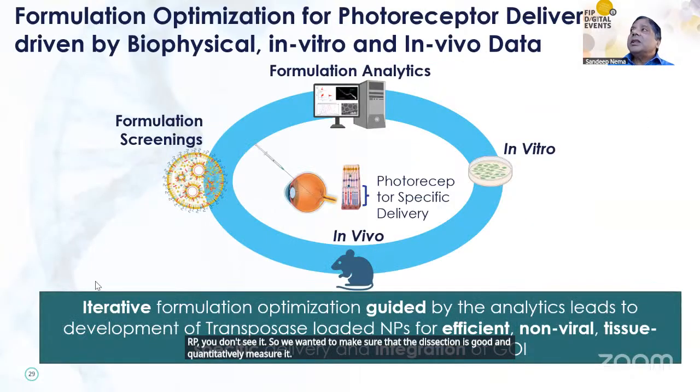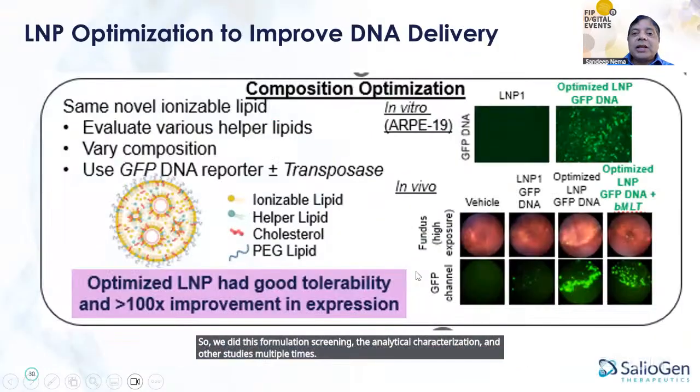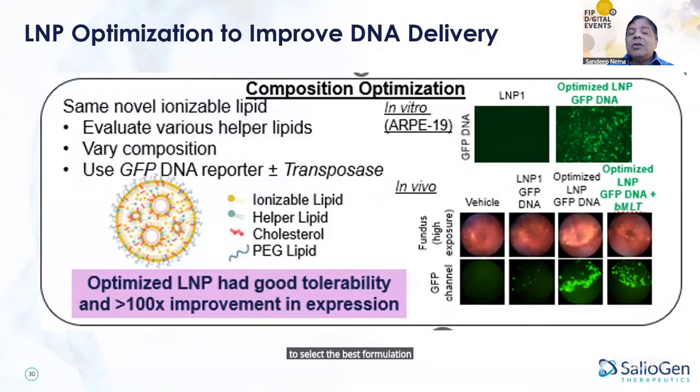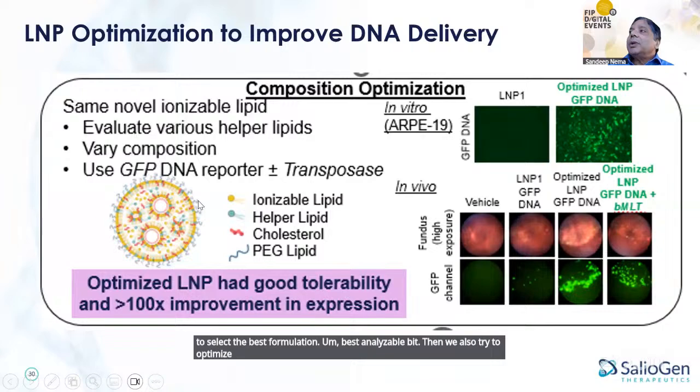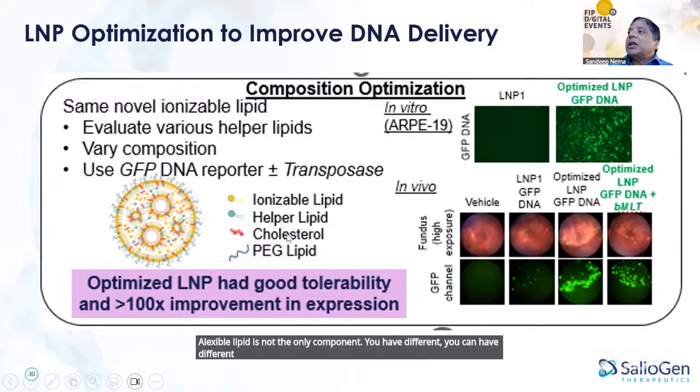So we did this formulation screening, the analytical characterization, and other studies multiple times to select the best formulation, a best ionizable lipid. Then we also tried to optimize the composition, because as you know, ionizable lipid is not the only component. You can have different helper lipids, different cholesterol, different PEG lipids, different composition.